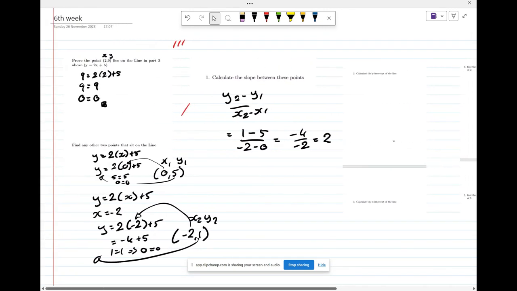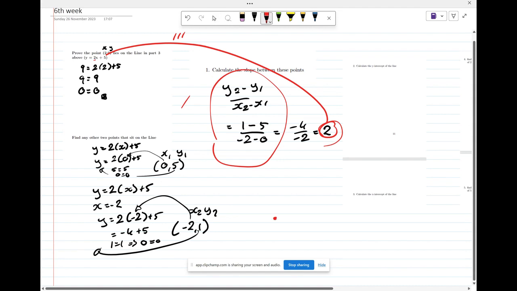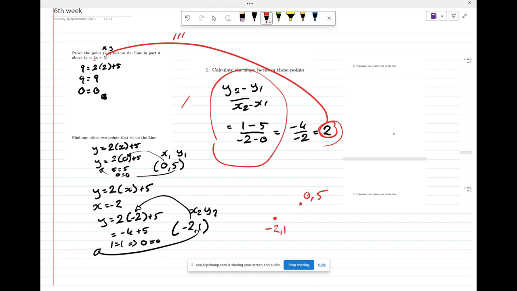What we were saying during the grind is you can calculate it this way, or we can just see that if we go back to our line up here, the number in front of our x is the slope of the line. If these 2 points, (0, 5) and (minus 2, 1), are on the line and we get the slope between them, then that's the slope for the whole line because it doesn't change.